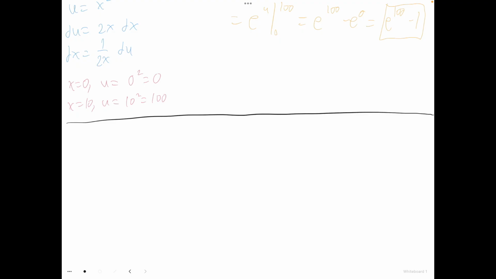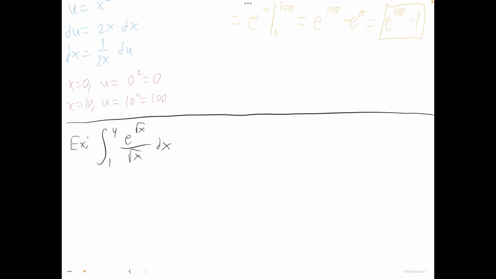And now another example to look at. Now we are going to take the integral from 1 to 4 of e to the square root of x divided by the square root of x. Once again, the square root of x looks like it's the thing that we have plugged in here, so that's our composition.